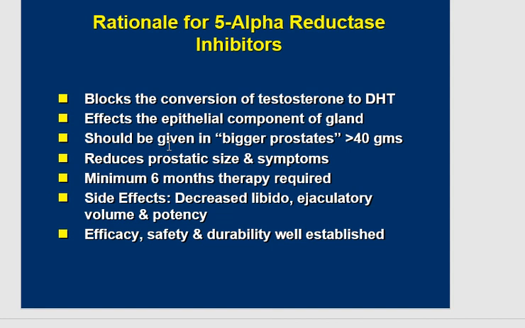So 5 alpha reductase inhibitors block the conversion of testosterone to DHT, affect the epithelial component of the gland, and should be given in bigger prostate where the prostatic size is more than 40 grams. It reduces the prostatic size and the symptoms. Minimum 6 months therapy is given.